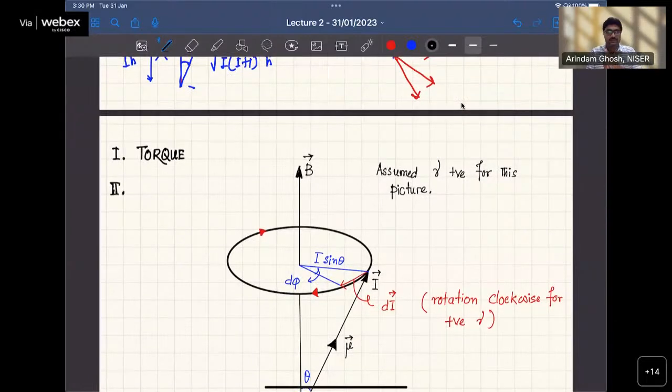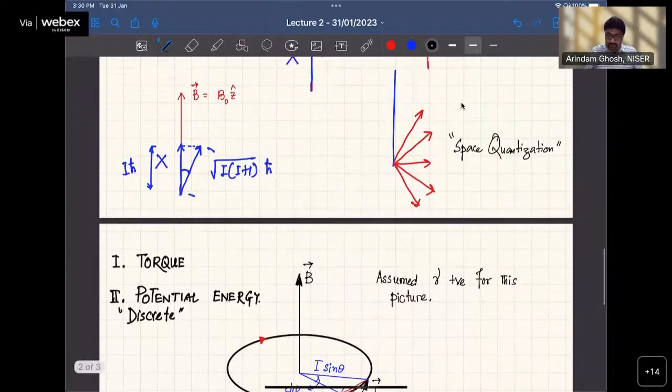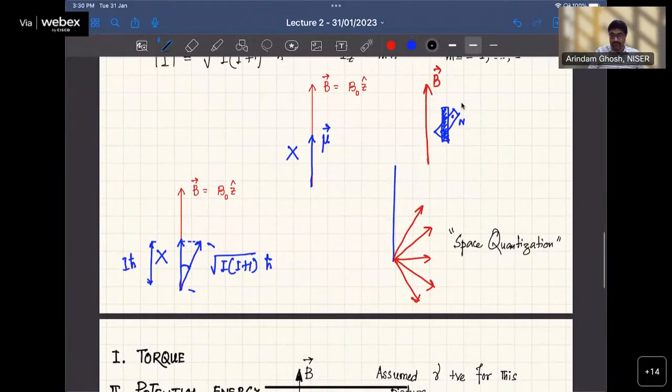because of this angle, there will be a potential energy that's going to be discretized. Why? Because we know that whenever we have a magnet making any angle with the magnetic field, it has a certain potential energy, an interaction energy between them.